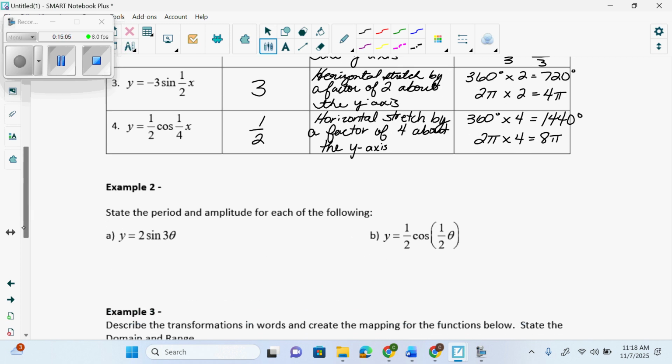Okay, here we have to state the period and amplitude. The period for this one is 360 degrees times what? Times 1/3, which is 120, or 2 pi times 1/3, which is 2 pi over 3. And the amplitude equals 2.